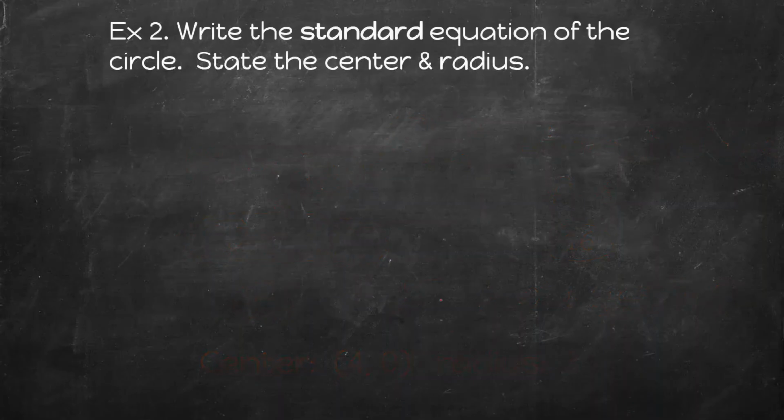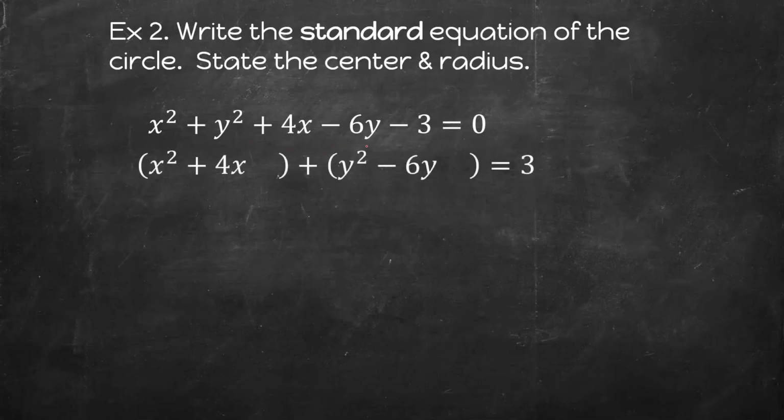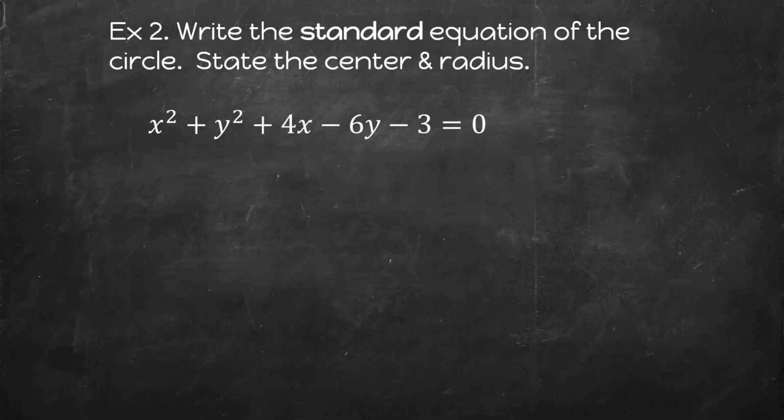Another example. Write the standard equation of the circle and state the radius. So dito, x squared plus y squared plus 4x minus 6y minus 3 equals 0. Okay. Naka-PowerPoint ako. So basically, solve ko siya nang hindi na pina-flash yung mga terms. Ayan.